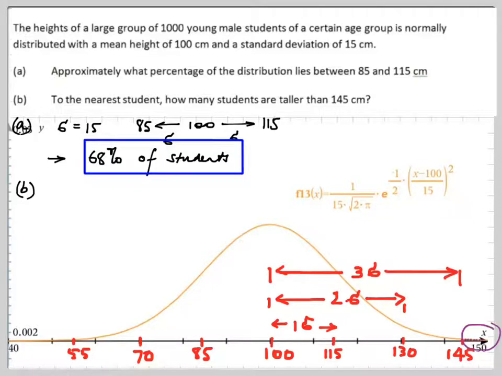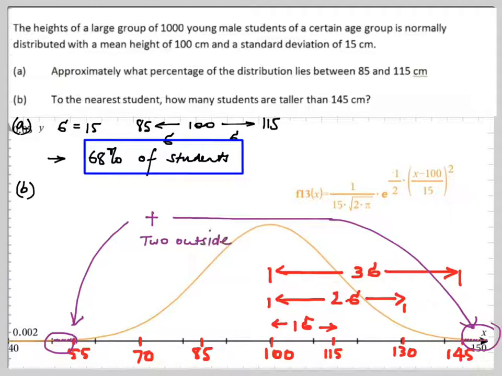So we're talking about that minuscule little tail there. The area is very difficult to see, but I did my best. It's the area under that curve there, and it's also the area under this bit here. What percentage of students would it be?